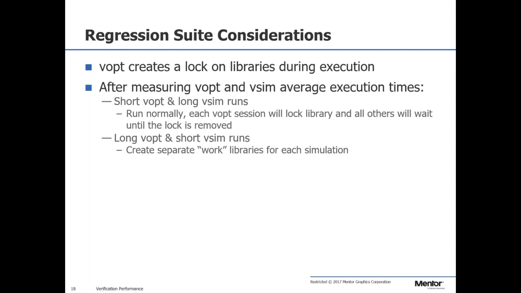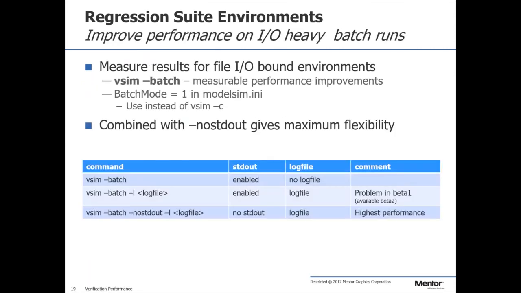And so if you are doing that kind of simulation, it's probably best to do that two-step flow and pre-create it, or every one of those simulations might want to have its own local work directory that it can work on. Batch level simulation, I'm not going to go too deep into this, but we used to use the argument -c, which was command line.